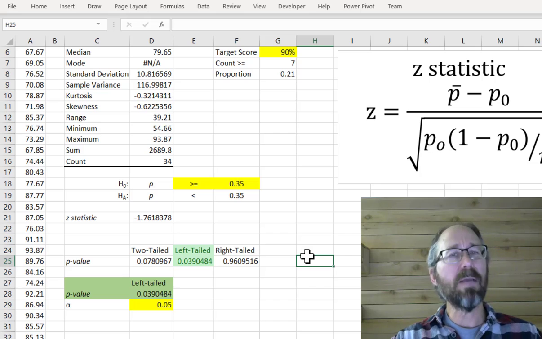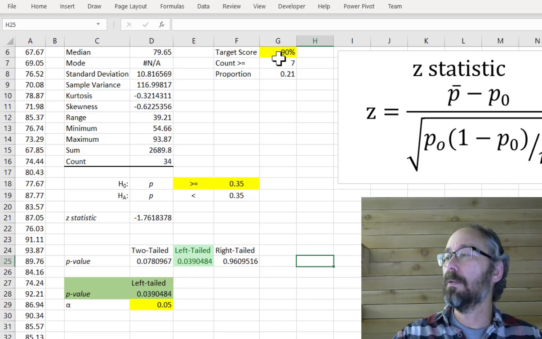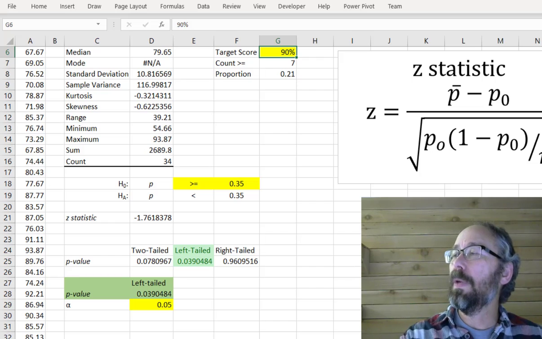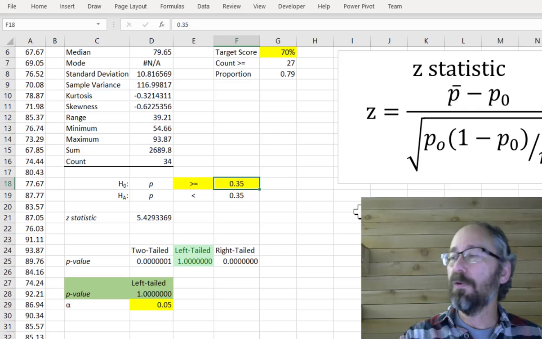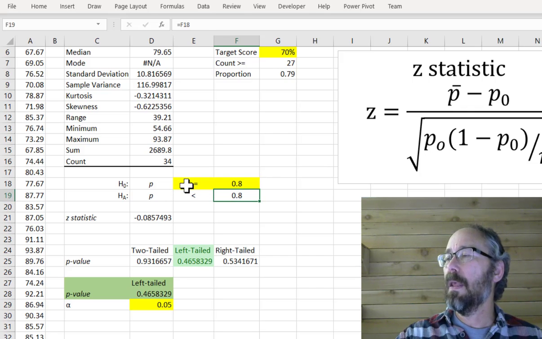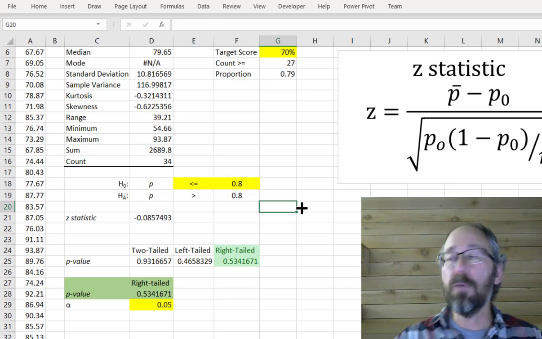So let's think about maybe the university says that at least 80% of students should pass a class, otherwise perhaps the class is too hard. So we can put in the passing grade of 70% here. The university is saying 80%, so we'll enter 0.8. And our null hypothesis would be less than or equal to.